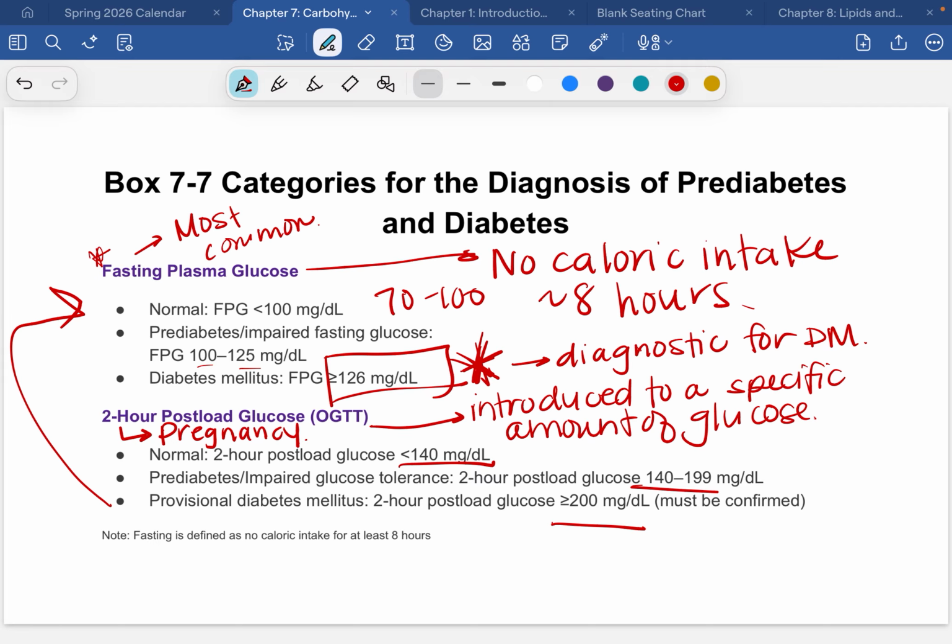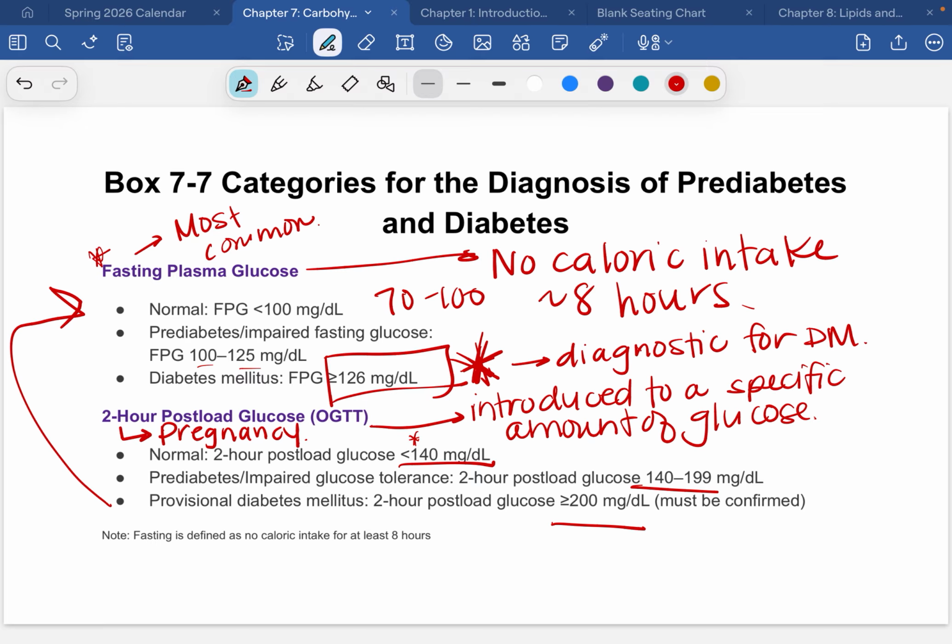In a typical person, after they are given a specific amount of glucose, the 2-hour post-load glucose is going to be less than 140 milligrams per deciliter. Notice that that's not what we would consider typical for a fasting glucose. We have eaten 2 hours before, so it's perfectly normal for somebody's glucose to be 120, 130.